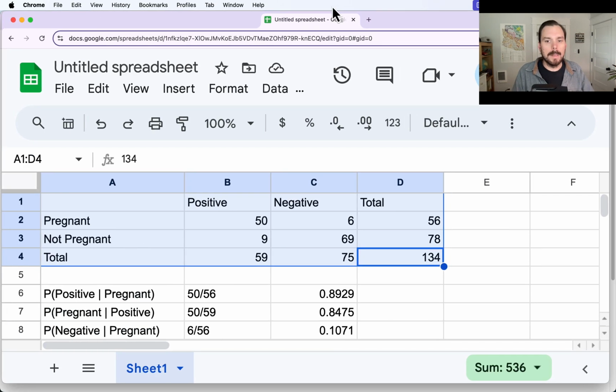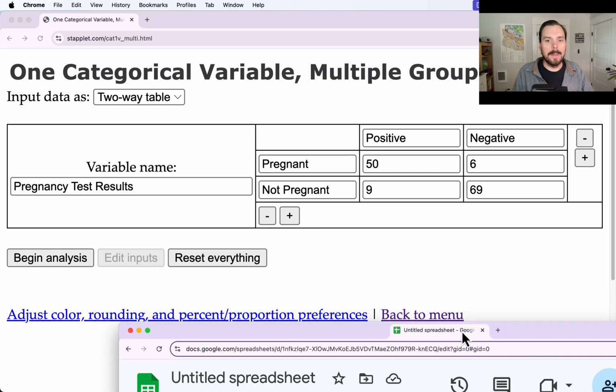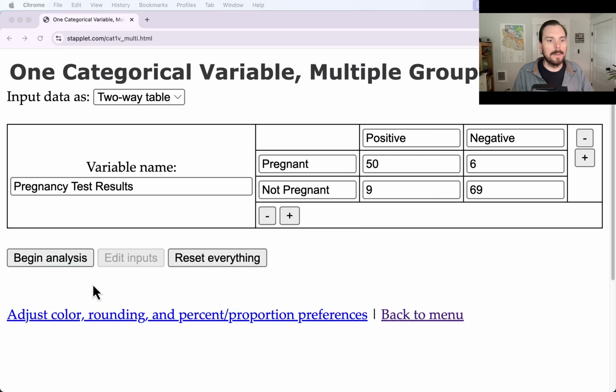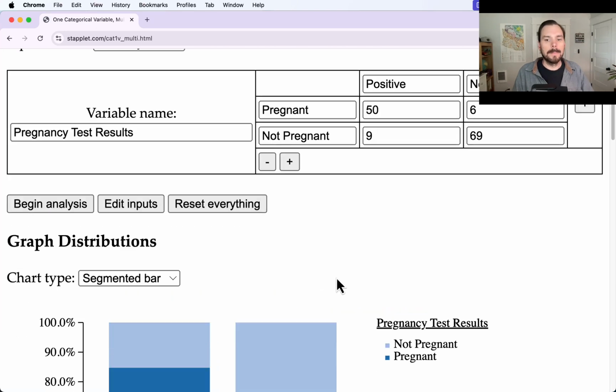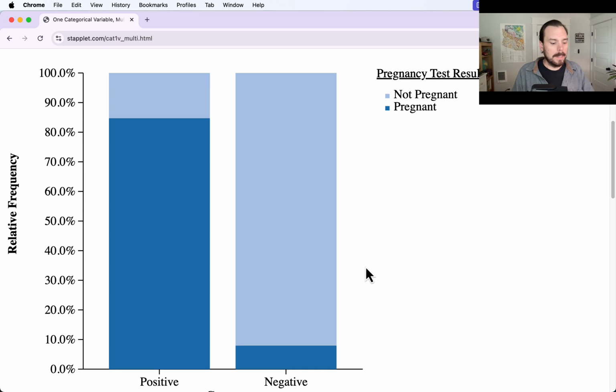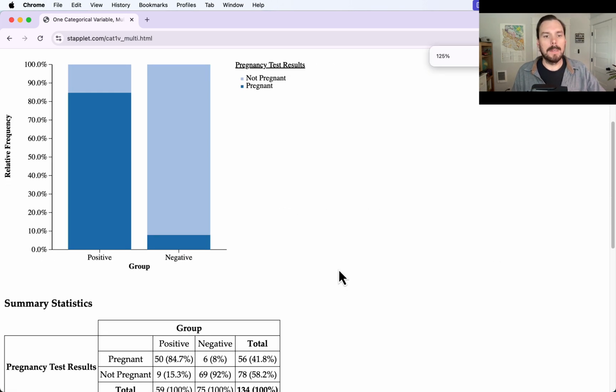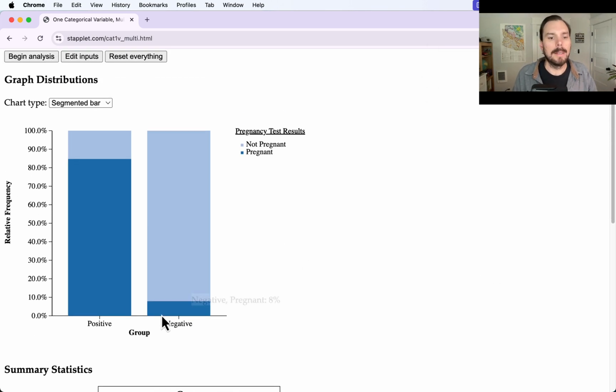So there is the table that I started with and what I entered into Stapplet. Now, this is what would be affected largely by the way that I enter things in. We see here we're grouping by the test result.